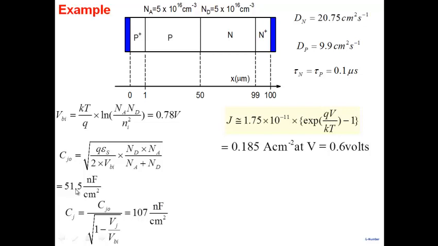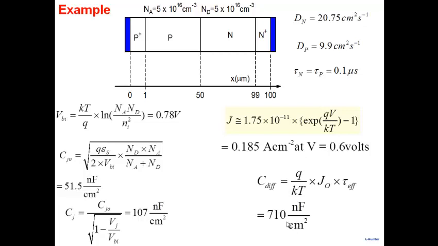What is the other capacitance? The diffusion capacitance, especially in forward bias. So let's calculate the diffusion capacitance. Diffusion capacitance is q by kT times J0 times tau effective. kT by q we know is 26 millivolt. J0 is this current here. And tau effective, because we have taken tau n equal to tau p, is 0.1 microsecond. So if I plug in here, diffusion capacitance comes out to be 710 nanofarad per centimeter square.